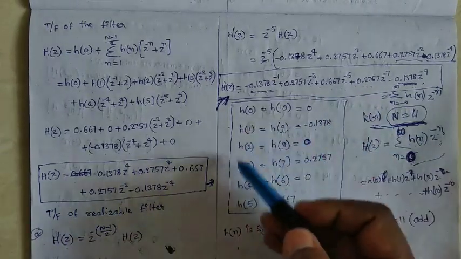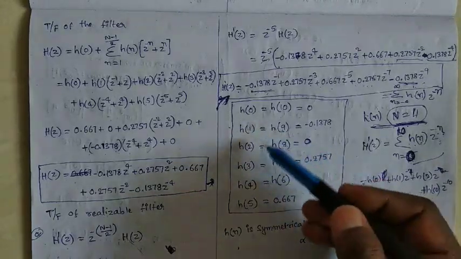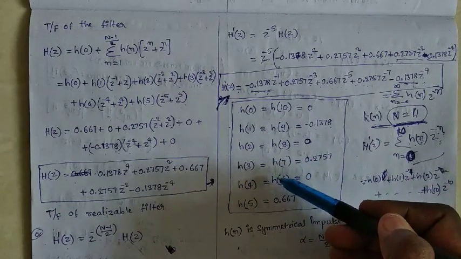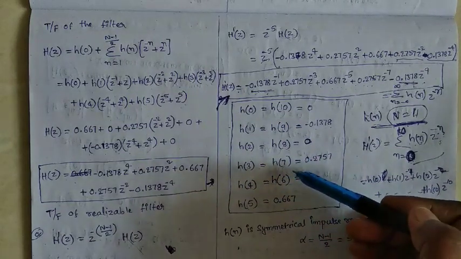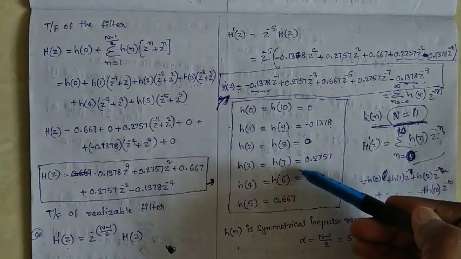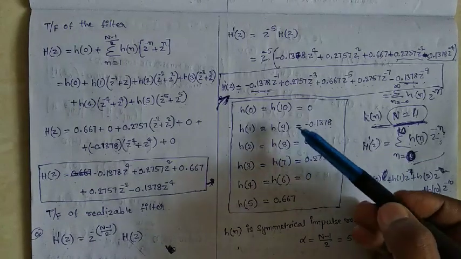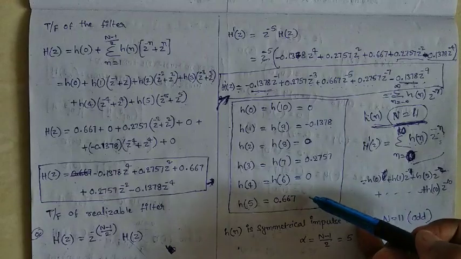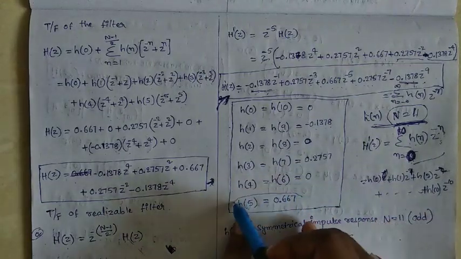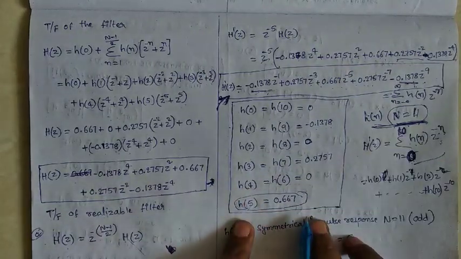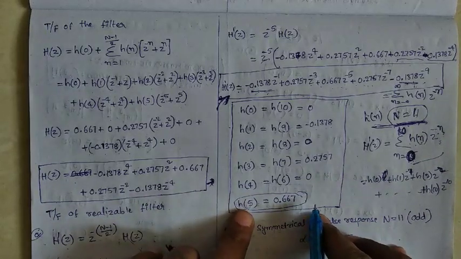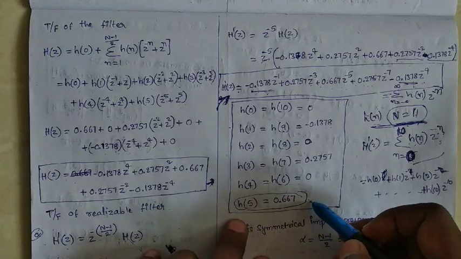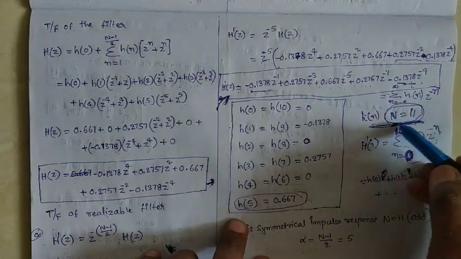Here actually from this impulse response we are observing what? This is the impulse response of the band rejection FIR filter. What is the impulse response? This impulse response is symmetrical about this sample. Here the impulse response is symmetrical for capital N is equal to 11.